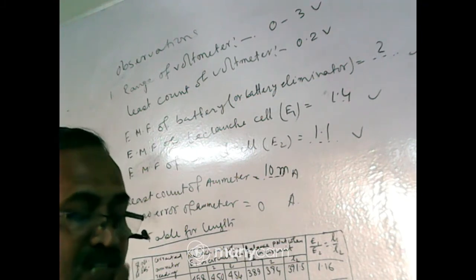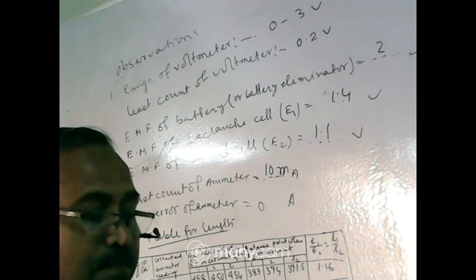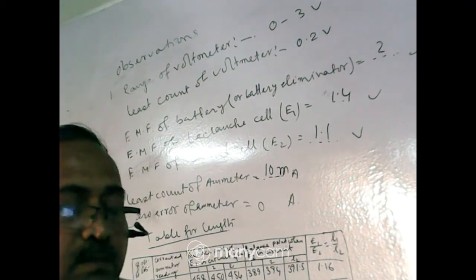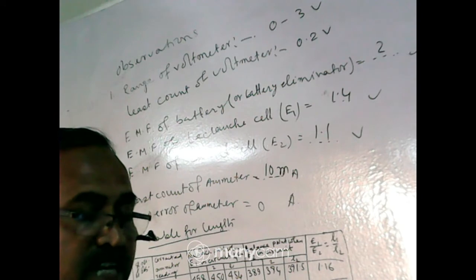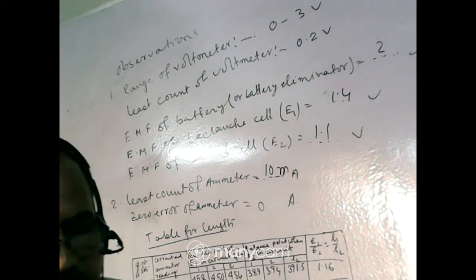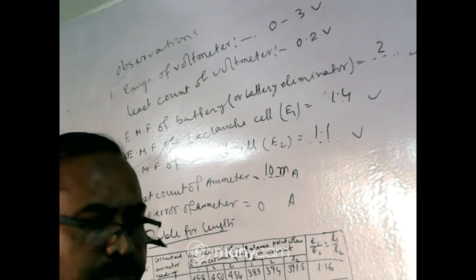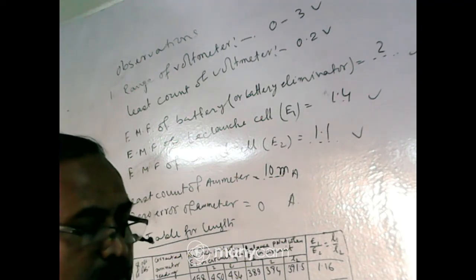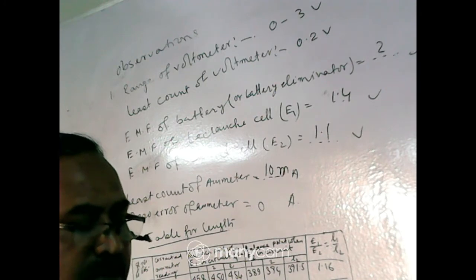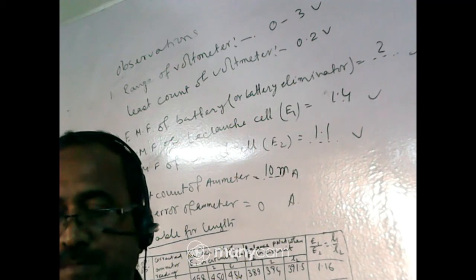The aim of this experiment, you note it: to compare the EMF of two given primary cells using a potentiometer. Again I repeat it. Payal and Srijita, you note it.